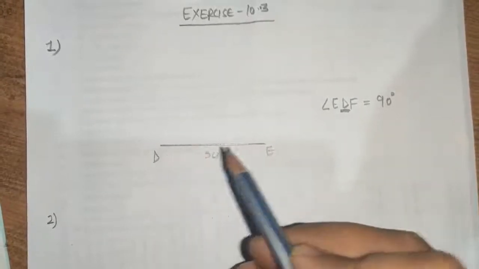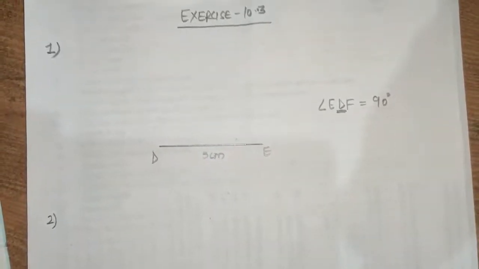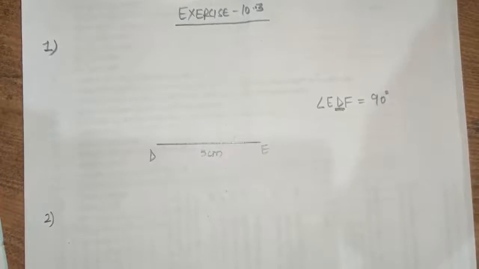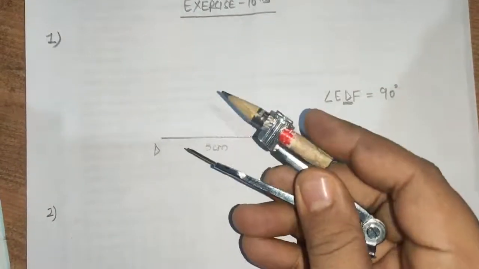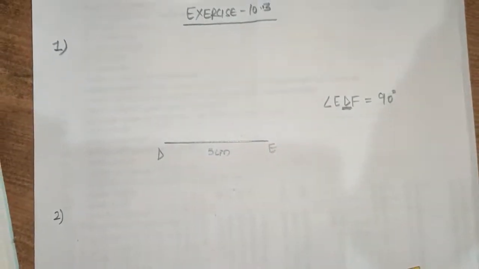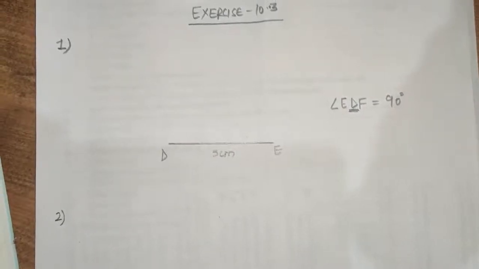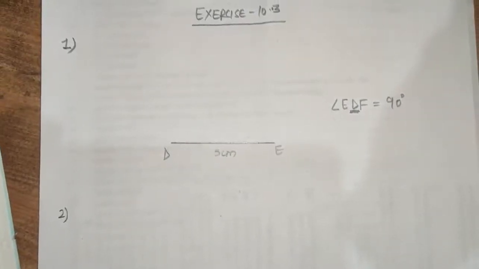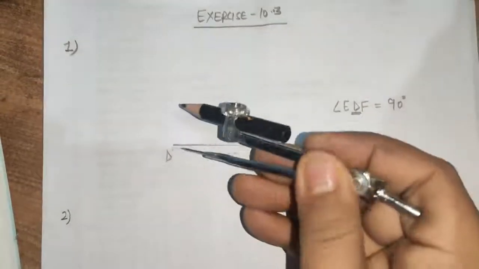So on D we have to make 90 degree, and 90 degree can be drawn using compass. So whatever angles we can draw using compass, we will draw using compass only. So 90 degree we will make.